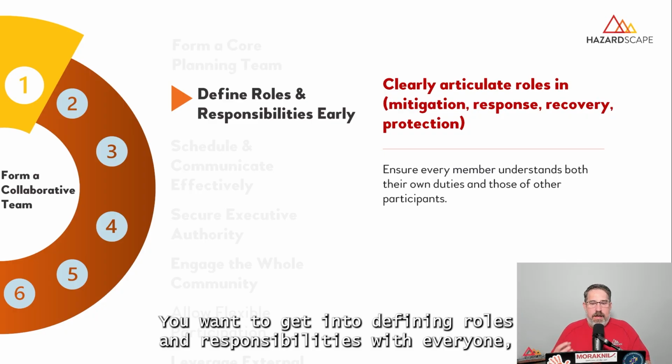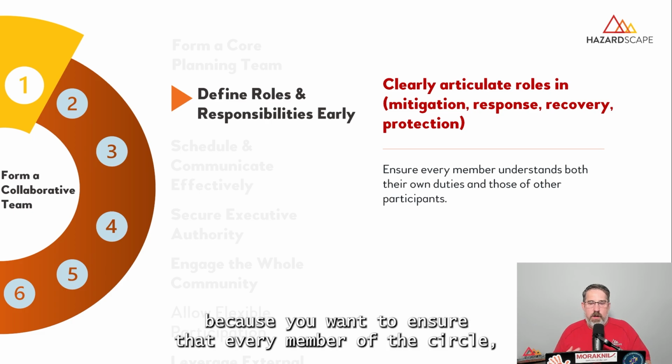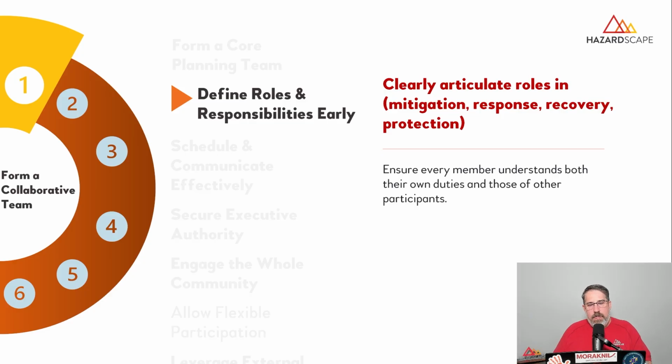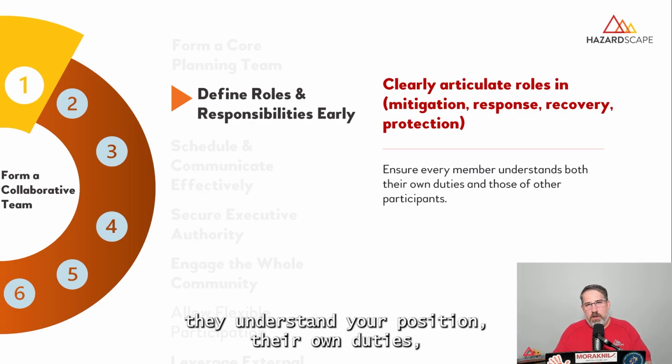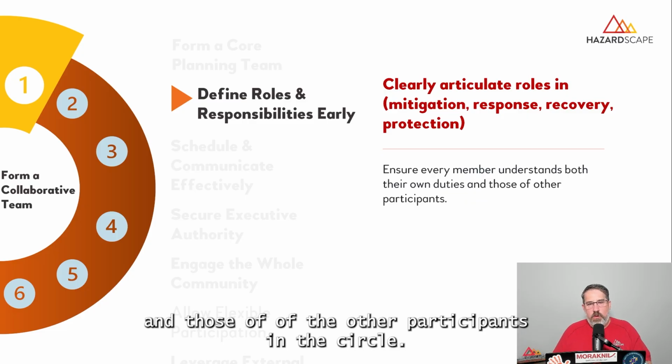You want to get into defining roles and responsibilities with everyone, because you want to ensure that every member of the circle understands your position, their own duties, and those of the other participants in the circle.